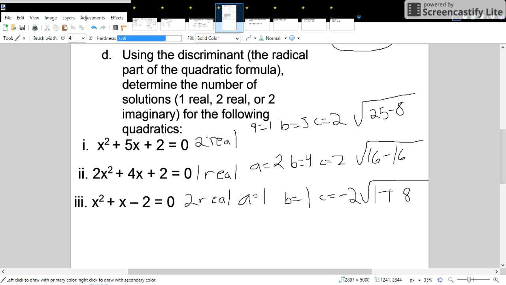So you're probably wondering, well, when does it have 2 imaginary solutions? Well, here's an example where it would be 2 imaginary. So what if we had x squared plus x plus 2 equals 0? Well, it's in the general form, so let's identify our a, b, and c.